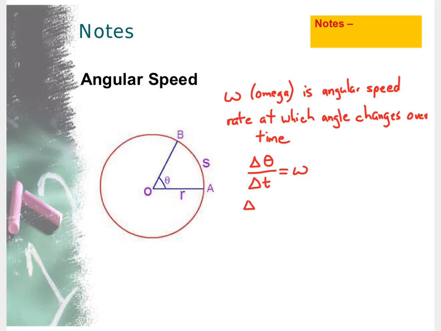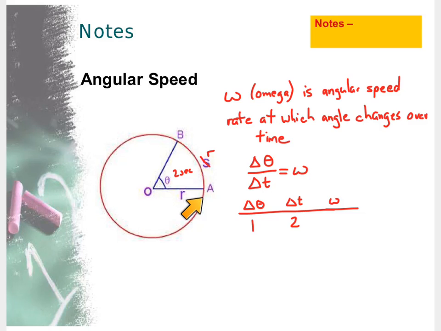So let's draw a little table here, just to give us an idea. Let's say that I go a distance of r along my circle, so my delta theta would be 1 radian, and let's say it takes me 2 seconds to do that. That means my delta t would equal 2.